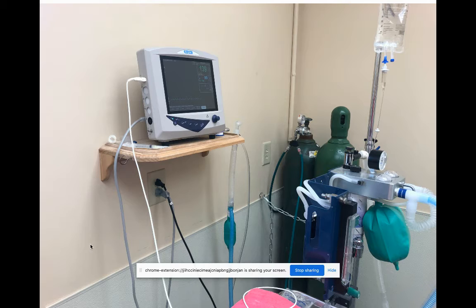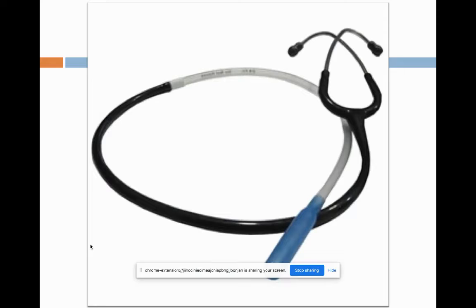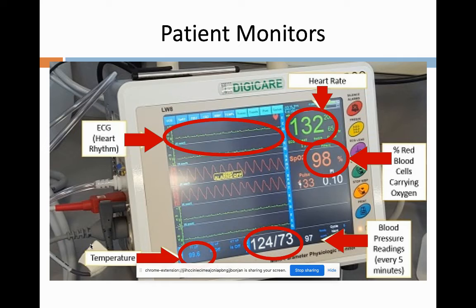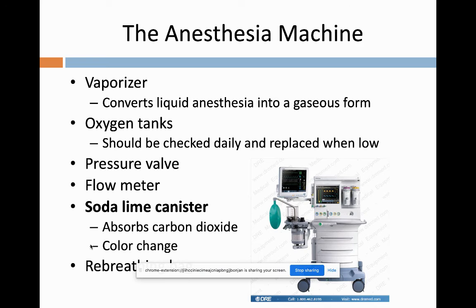On the right-hand side of the screen, you can see the anesthetic machine that we're going to talk about here shortly. This is a picture of an endotracheal type approach for a stethoscope to monitor heart rate. Here's an example of a patient monitor that you might see in a surgical suite. The anesthesia machine, as we just looked at earlier, picture of that.